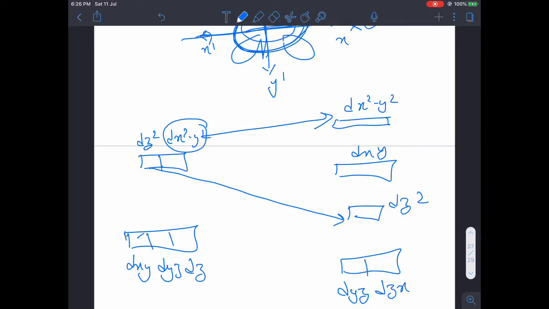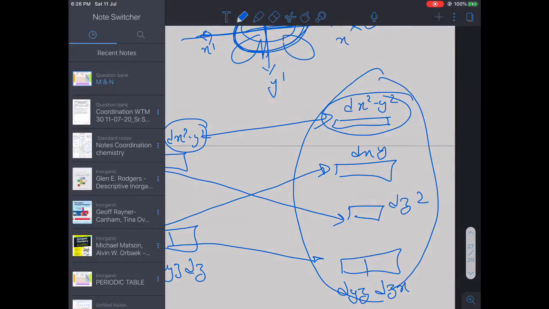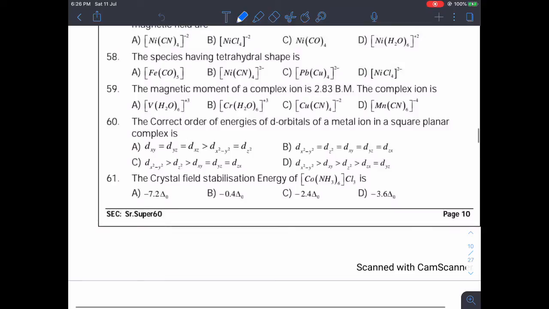Out of the three, one goes up here and the remaining two go here. So this is how the overall splitting of the square planar arrangement looks. The highest energy will be for dx square minus y square. So looking at the options, the correct answer would be dx square minus y square, then dxy, and then dz square, and so this is the correct answer, D.